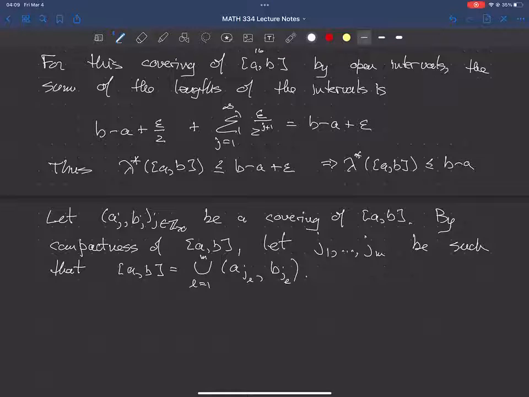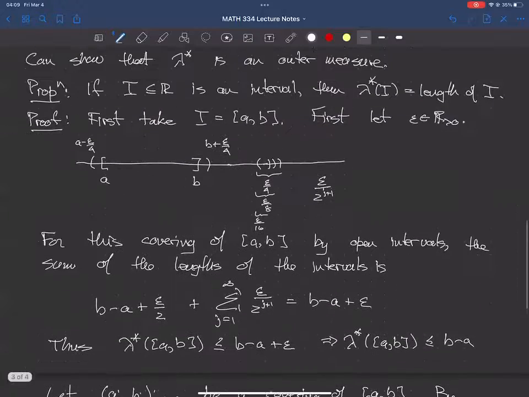All right, so then I have the sum from j equals 1 to infinity.